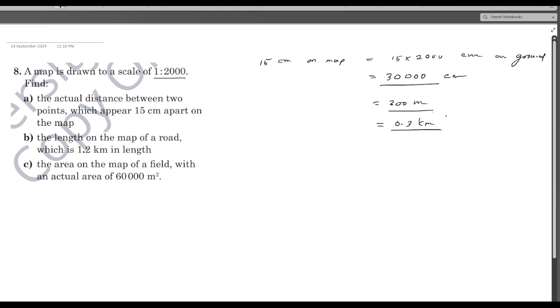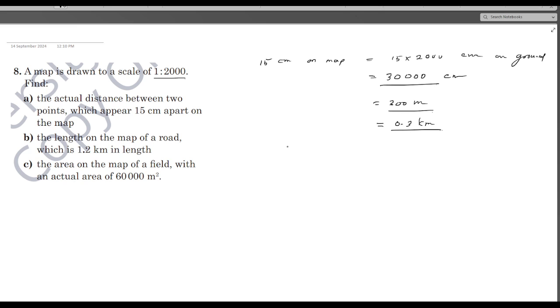Now the length on the map of a road, which is 1.2 kilometer in length. Now on road it is 1.2 kilometer. I have to find out the distance on a map.